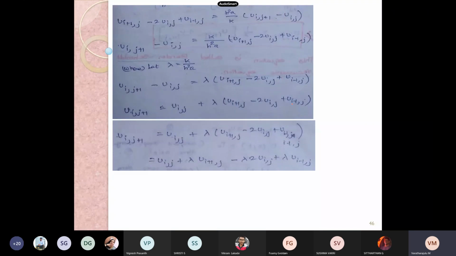So here what I am trying to do, I am trying to get the data for i comma j plus 1. That is what my interest. So I am trying to get the information for this u(i, j+1).